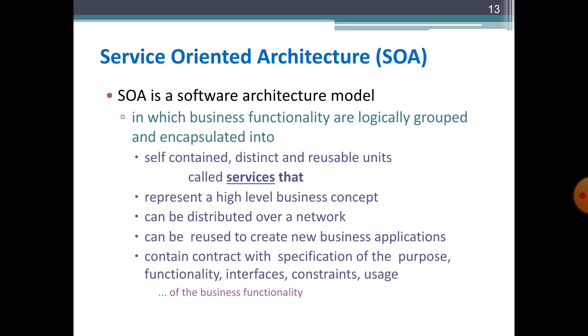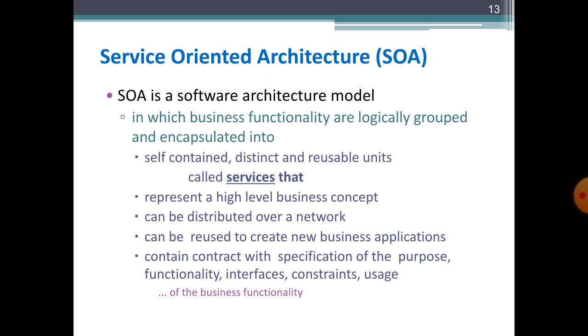We can define service oriented architecture more comprehensively as in this slide. We can say that service oriented software architecture provides business functionality which is logically grouped and encapsulated into self-contained, distinct, reusable components, which we call services. These services represent high level business concepts which can be distributed over different networks and can be reused to create different business applications.